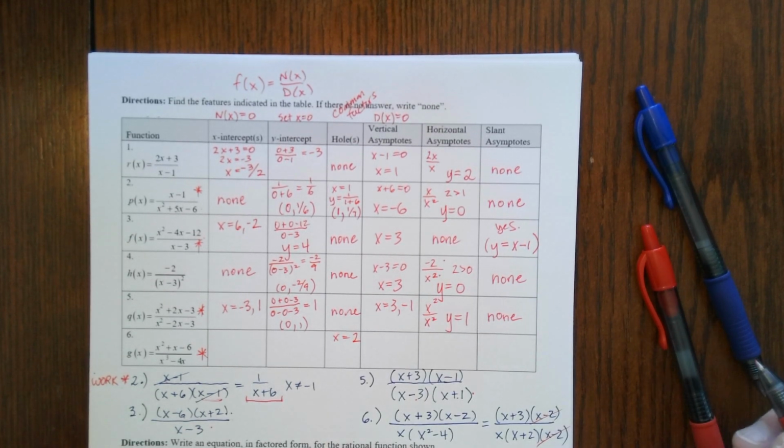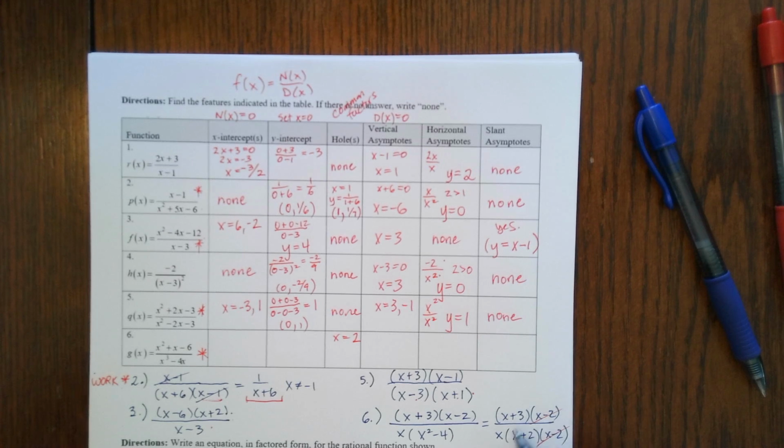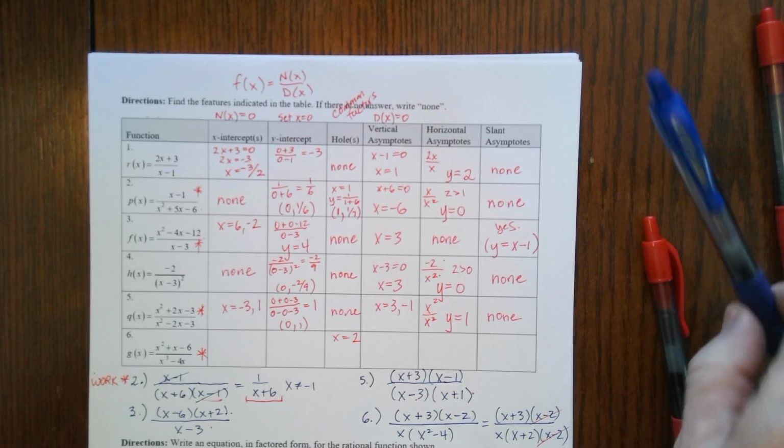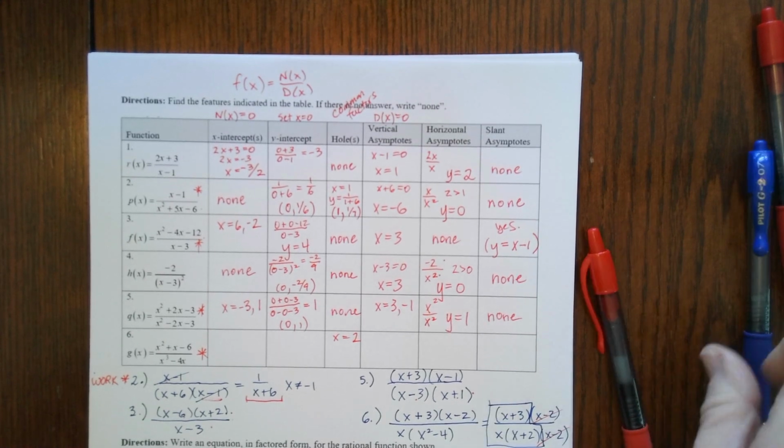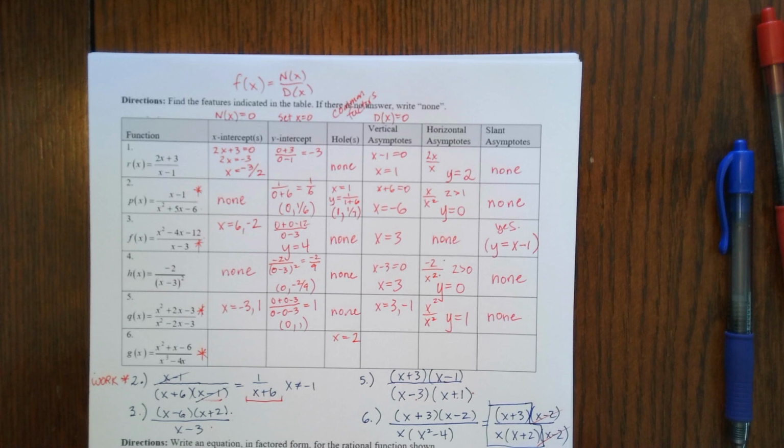And the y-coordinate for our hole, let's see, we're going to use this reduced part right here, and we're going to plug in x equals 2. So we'll have 2 plus 3, I meant 2, so plus 2 plus 3, divided by 2 times 2 plus 2.